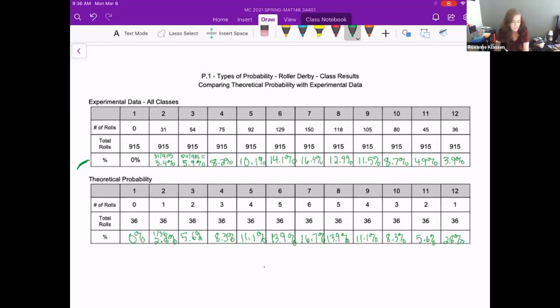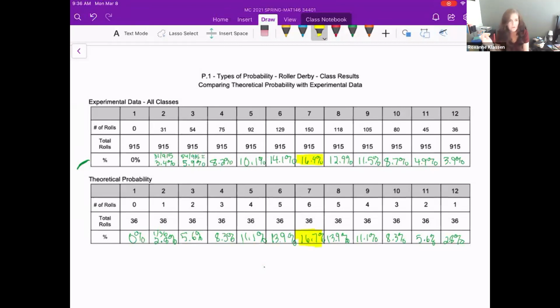Okay, now, so some of you were already comparing some things. Most of you noticed that the highest percentage was in the middle, right? So it started off on the ends really low, and then it increased towards the middle, and then it tapered back off. And if you notice, our percentage for 7 was 16.4.